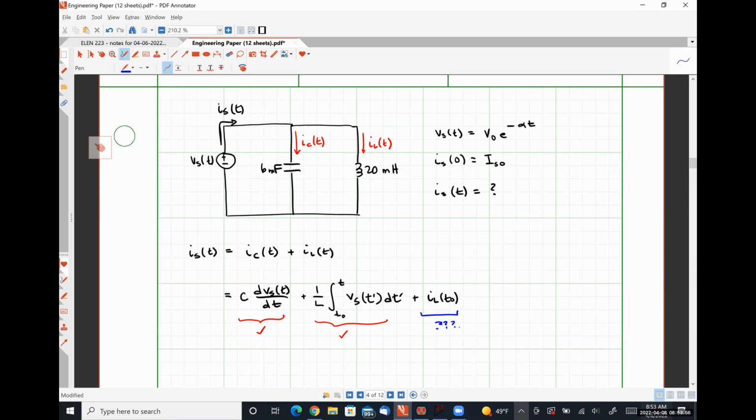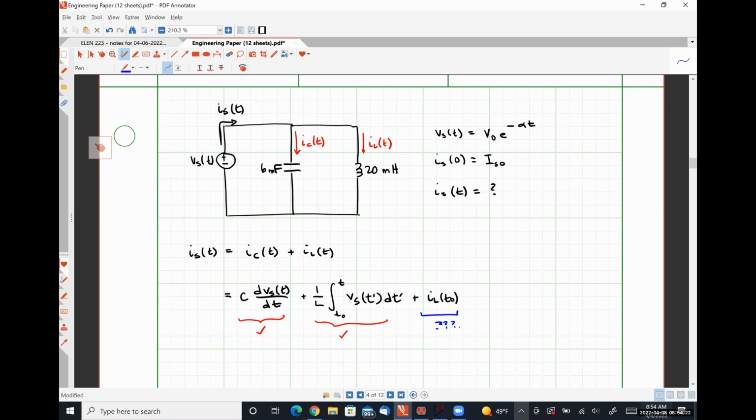IS naught is the value you got, but that's not IS. Wouldn't it be split up at the inductance? Whatever your initial value is, that's not the initial value of the current going through the inductor. That's correct. Yeah.